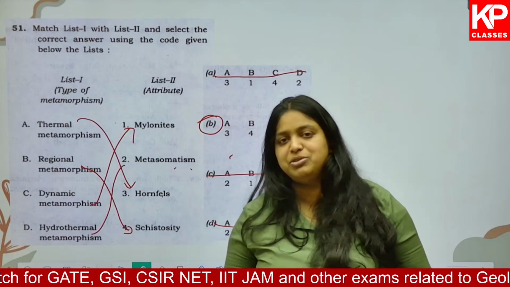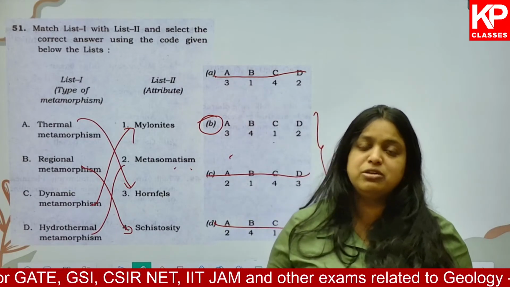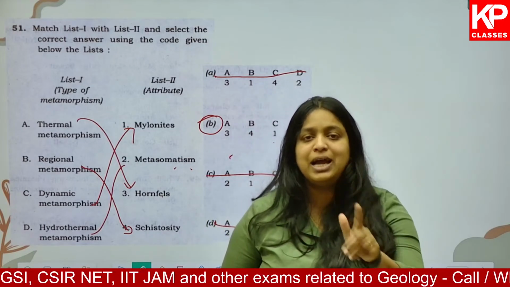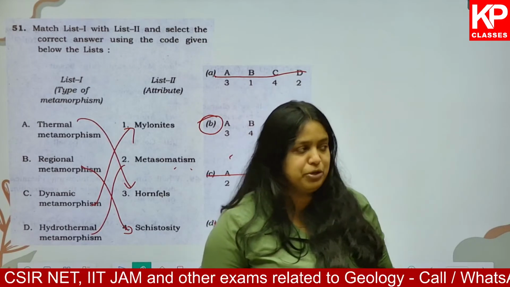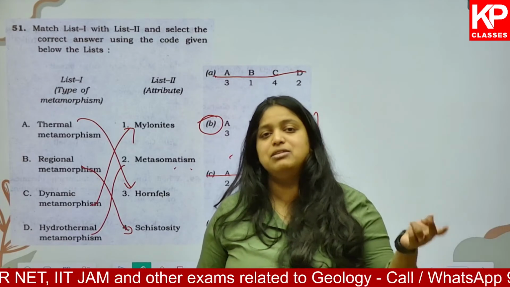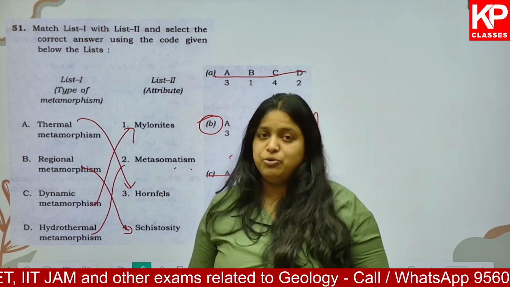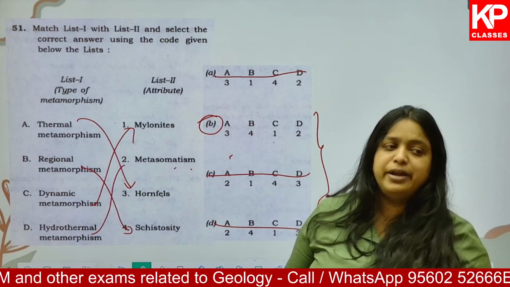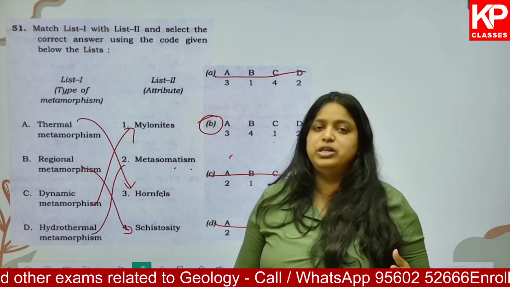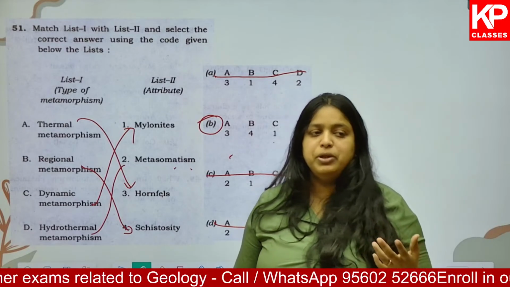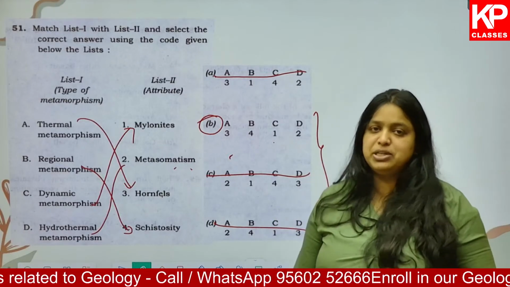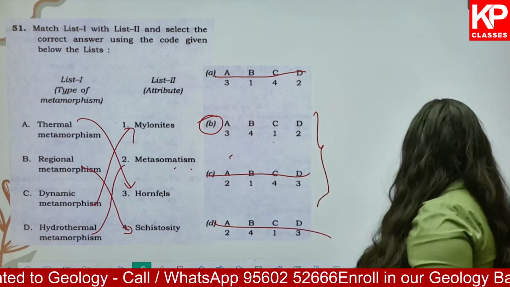If it happens because of variation in pressure, we call it dynamic metamorphism. If both temperature and pressure act onto a rock body and changes happen, that is dynamothermal metamorphism. If chemically active fluid added to a rock causes changes in the mineralogy, that is called a metasomatic reaction, metasomatism. Okay, next one.